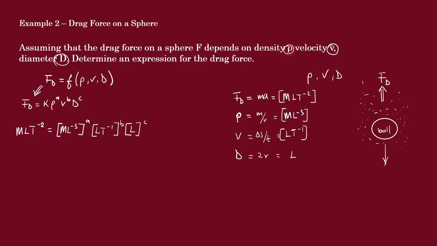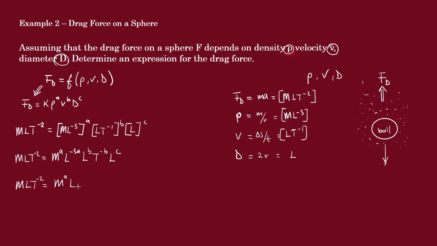So we're now going to do a very thorough job of expanding it. So this is going to stay as M L T to the negative 2. This is a force. Expand this. So that's M to the a, L to the minus 3a, L to the b, T to the negative b, L to the c. So we will have to gather like terms. M is the only one appearing in this expression. That's M to the a.